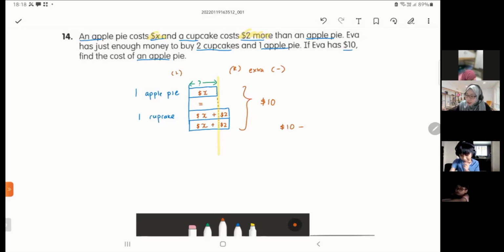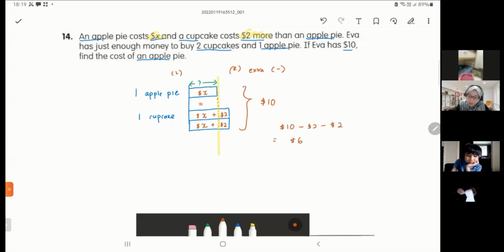Which means I want to take away the cost of the extra $2 here. So I minus $2, minus $2. 10 minus 2 is 8, 8 minus 2 is $6, like this.